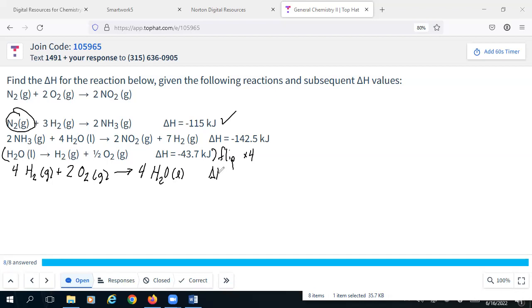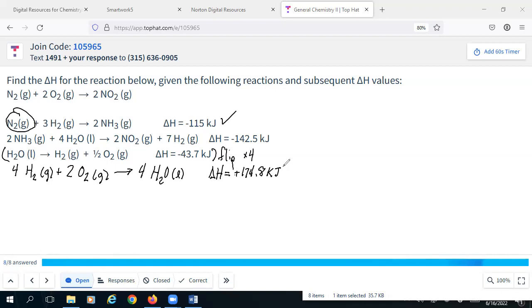And the delta H for that would be negative 43.7 times negative 4, which would be positive 174.8 kilojoules.